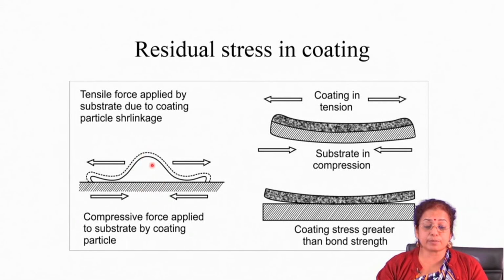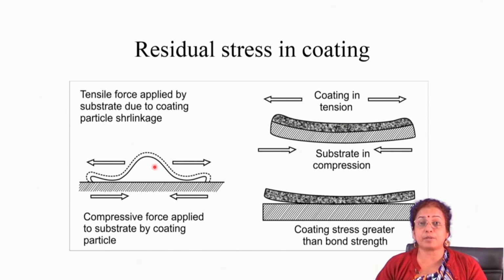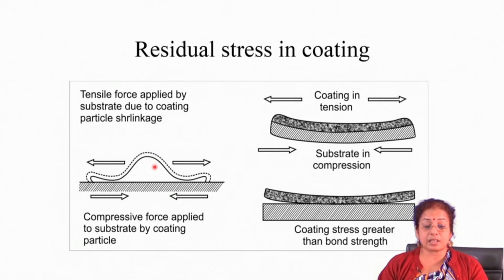The residual stress introduced by thermal spraying is proportional to the Young's modulus of the coating material, proportional to the thermal expansion coefficient difference, and also proportional to the thermal gradient, dT. So, the higher the Young's modulus and the higher the coefficient of thermal expansion difference, the higher will be the stress arrested within the component.